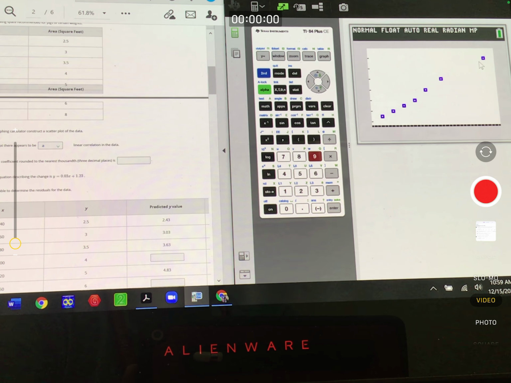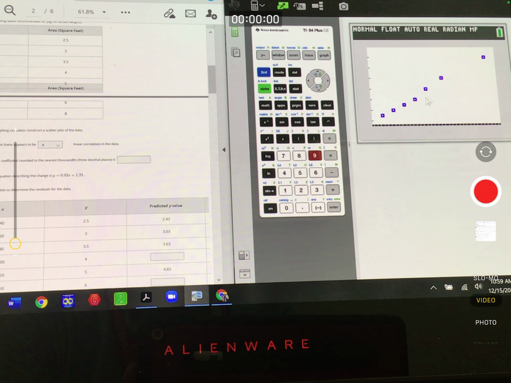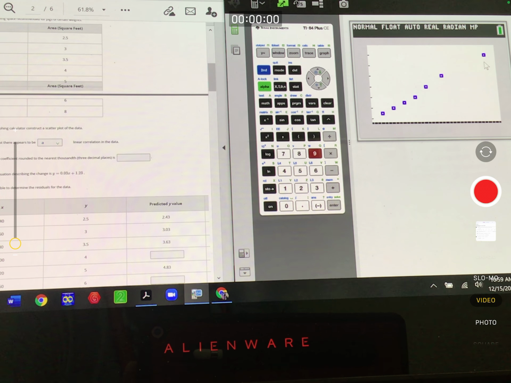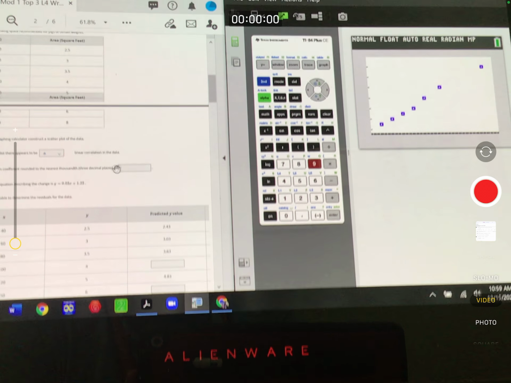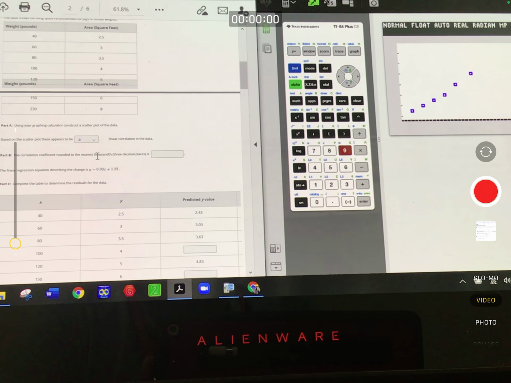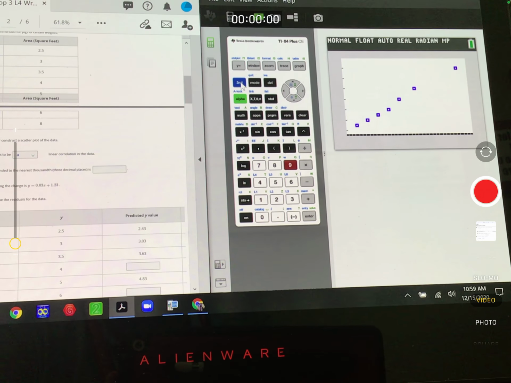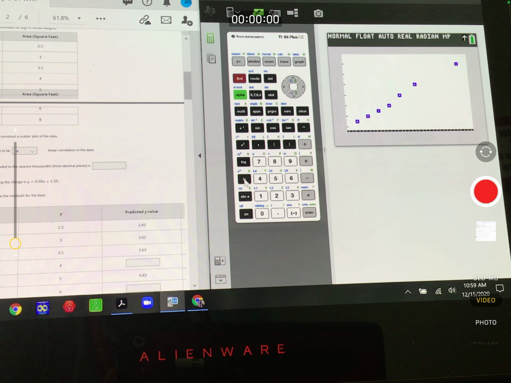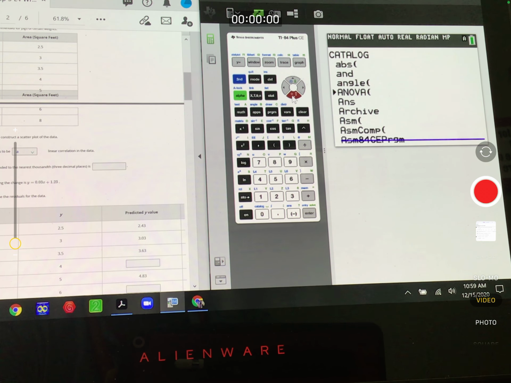I can see a pretty nice linear graph, a positive correlation. So for part A, I'm going to say it's positive. Part B wants me to calculate the correlation coefficient, so let's do that before I go back to my notes. Second, 0 to turn on the correlation coefficient.